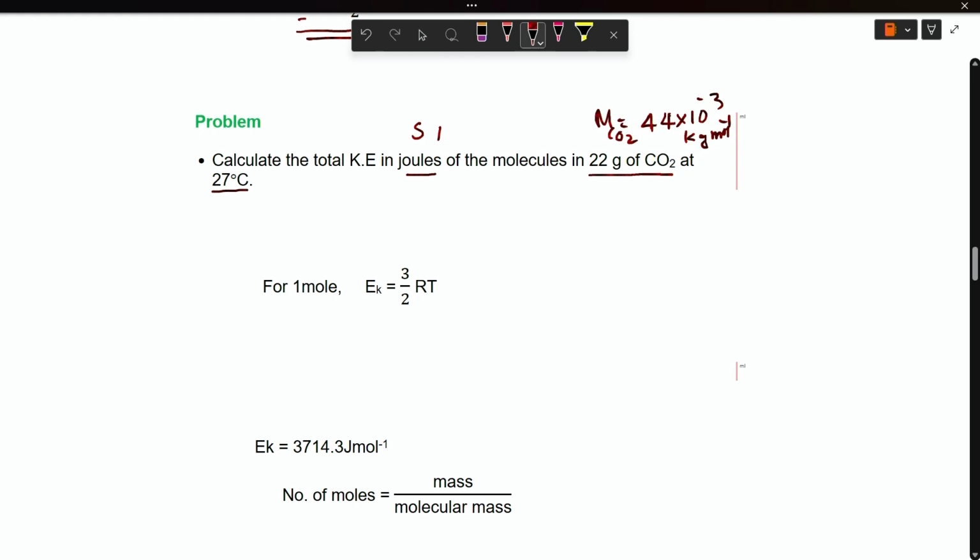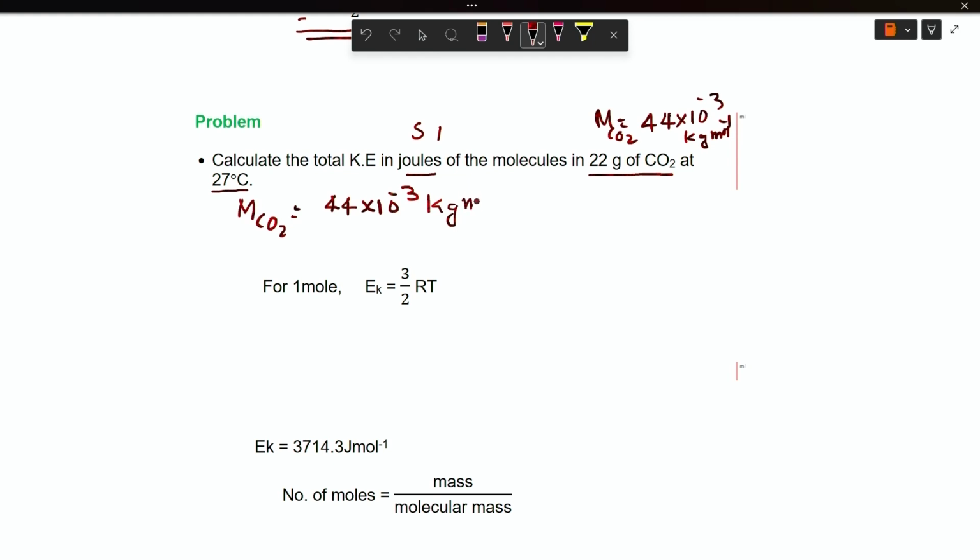So, we know that. Now, here the temperature is given as 27 degrees Celsius, we have to convert that into the absolute scale. So, we write the molecular mass of carbon dioxide is equal to 44 into 10 to the power minus 3 kilogram per mole. Then what else do we need?